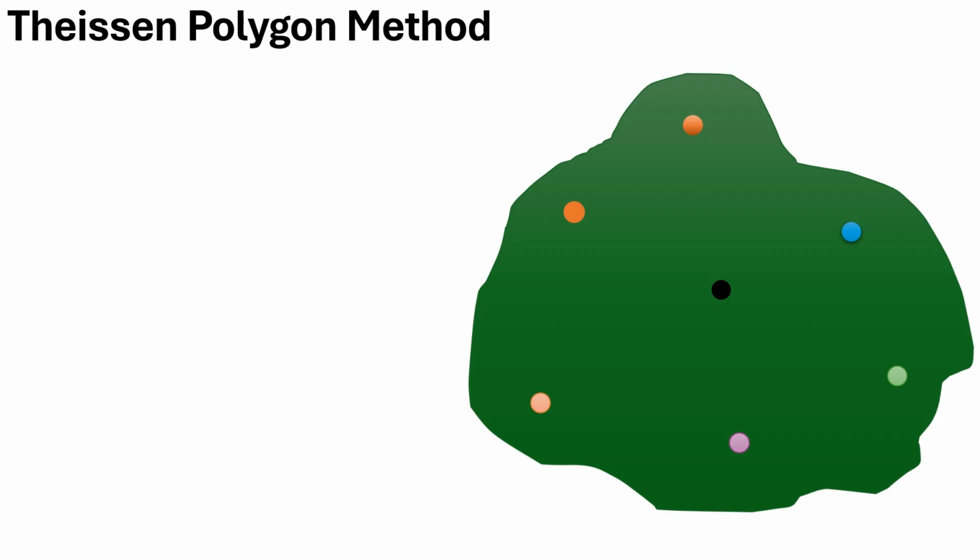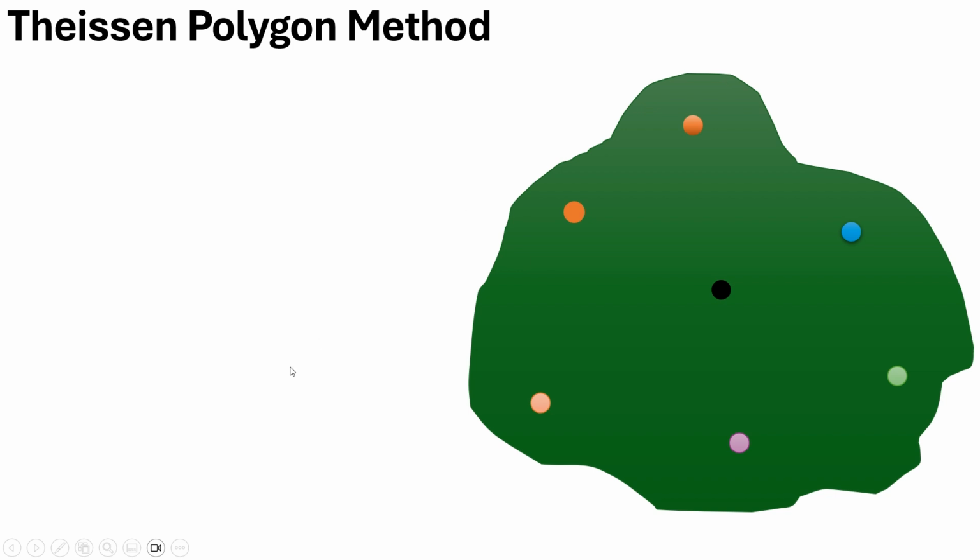To draw a Thiessen polygon, we just need to draw our catchment area, basin, or watershed on a graphical scale. Let us say this is our graphical scale on a paper.